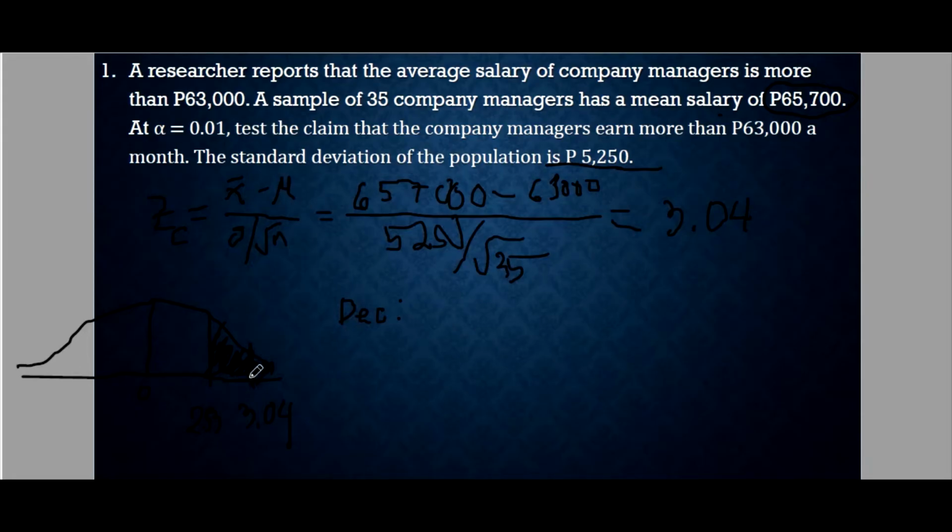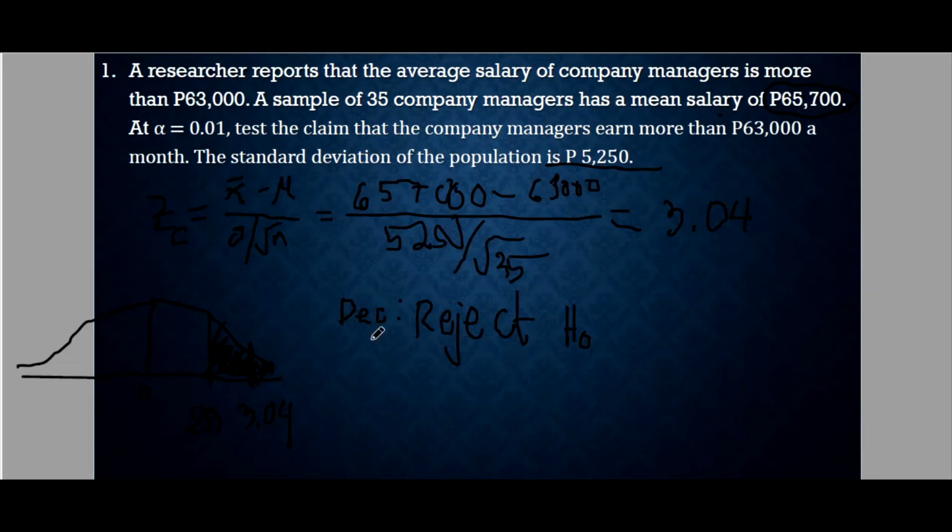It's inside the critical or the rejection region. So our decision here is to reject H0. Why? Because the z computed, the 3.04, falls within the rejection region.